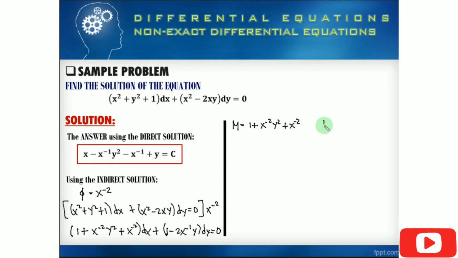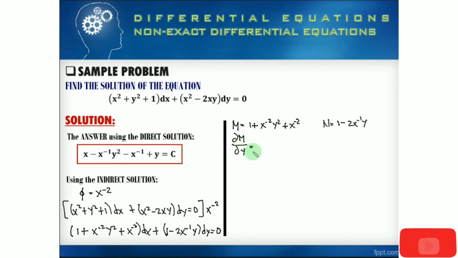And for our N, we have N equal to 1 minus 2 x raised to the negative 1 times y.